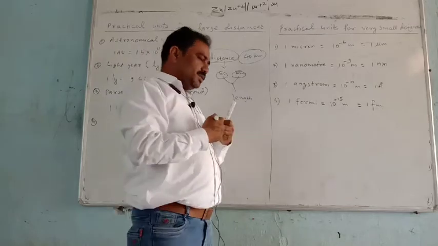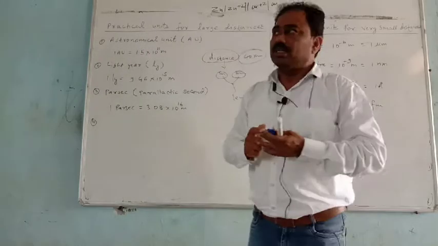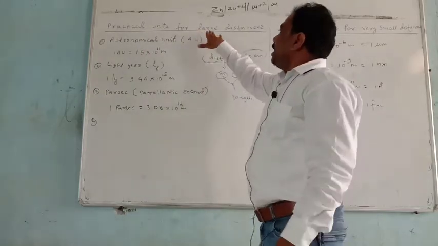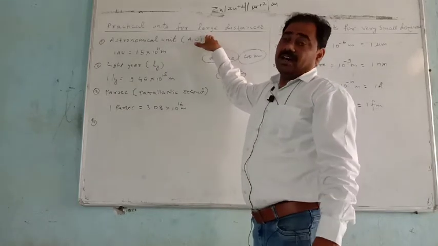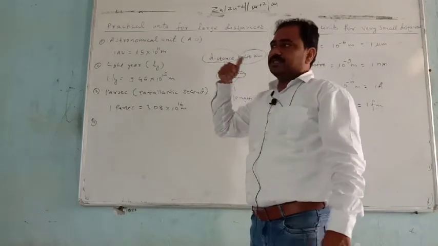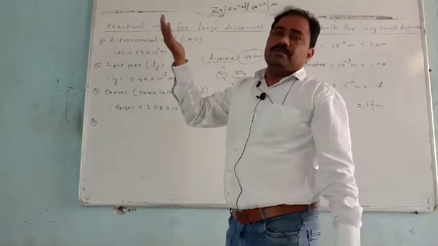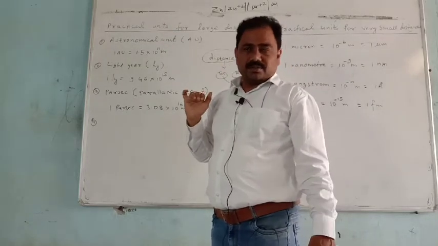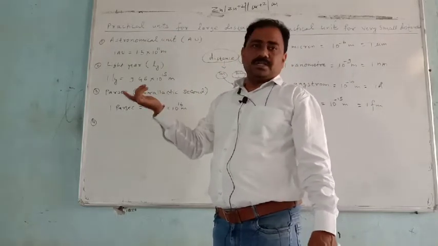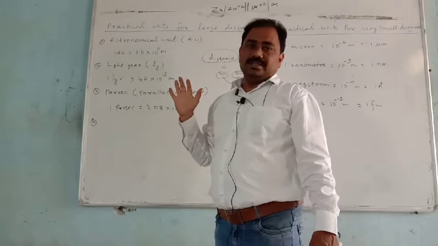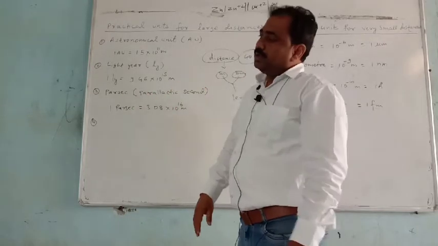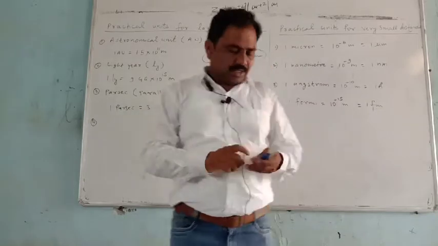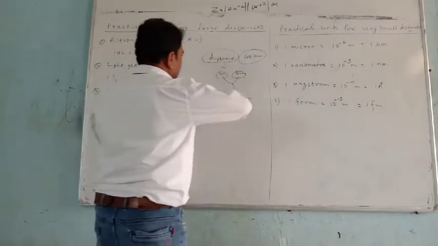But in short, if the distance is large, suppose the distance of the moon from the earth, or the distance from the sun to our earth, at that time we cannot use meter or centimeter or kilometer.